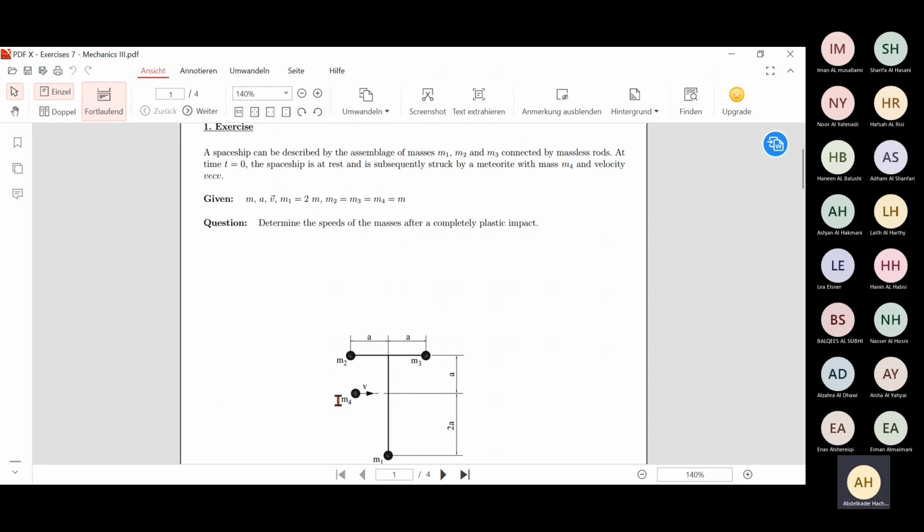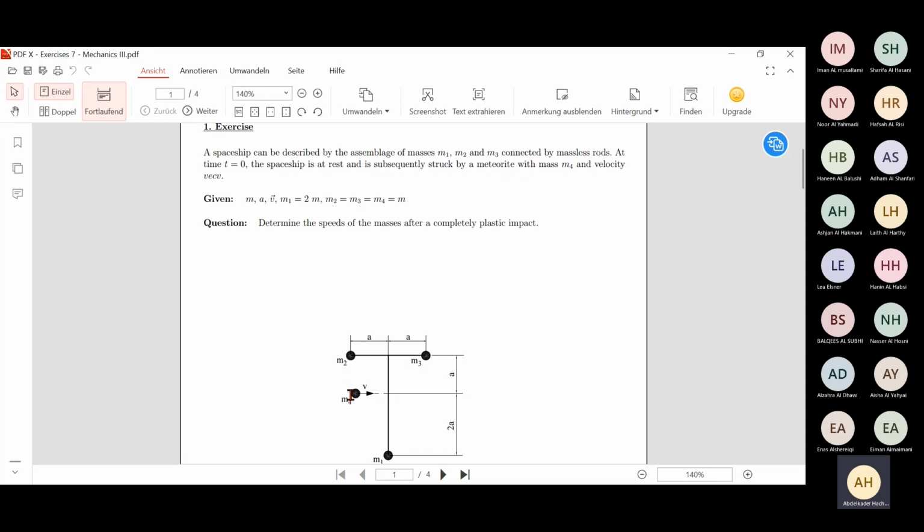right here with the mass 4 and the velocity v, which is given here. The mass is m, and the distance here between the masses, or rod part, is a.